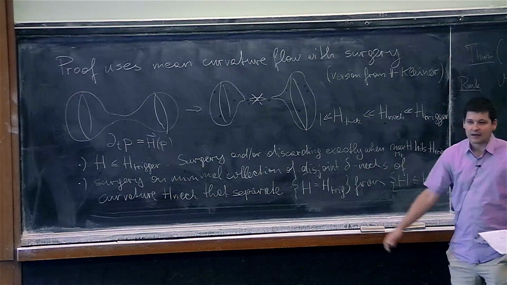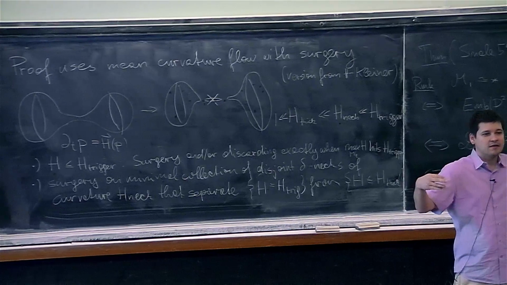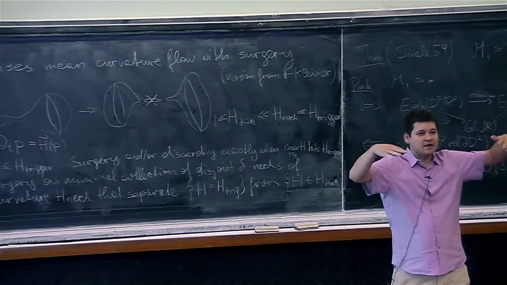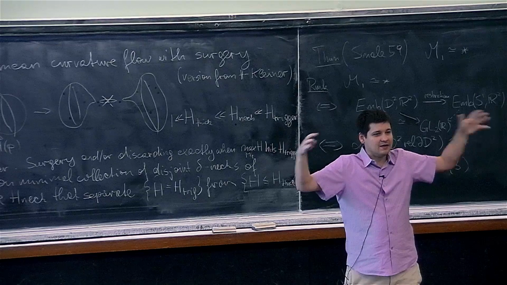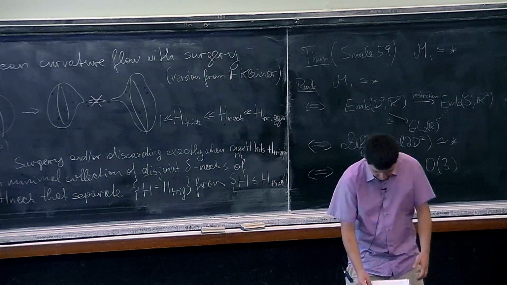Again, that delta neck is just something that after rescaling it to unit size is delta close on a ball of radius 1 over delta and C1 over delta to the standard round cylinder. And delta is a very small parameter.